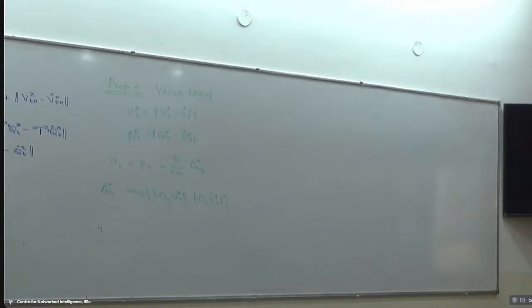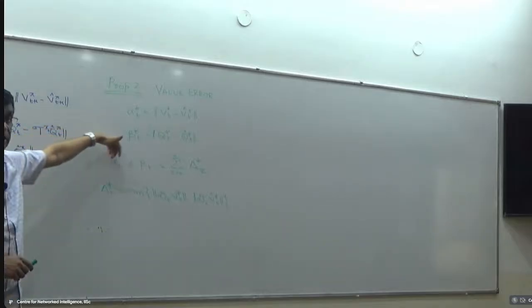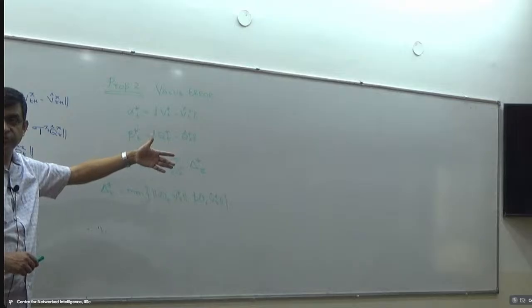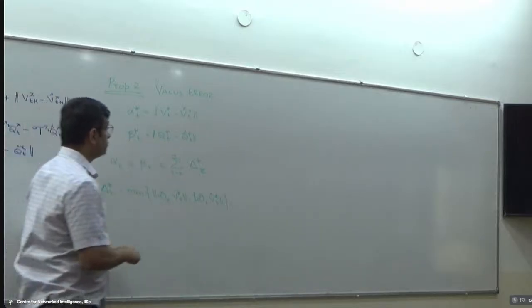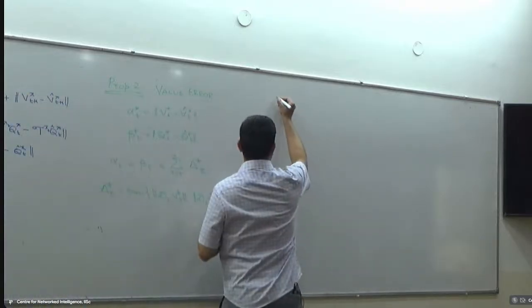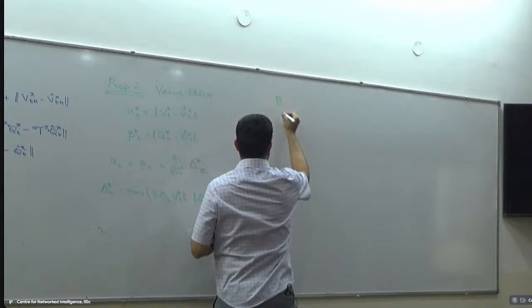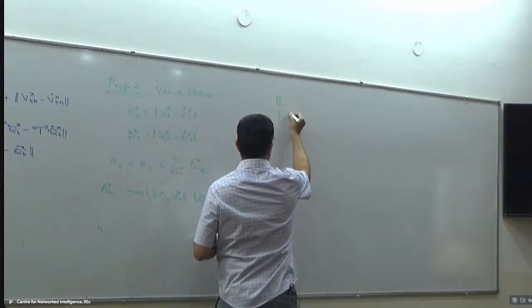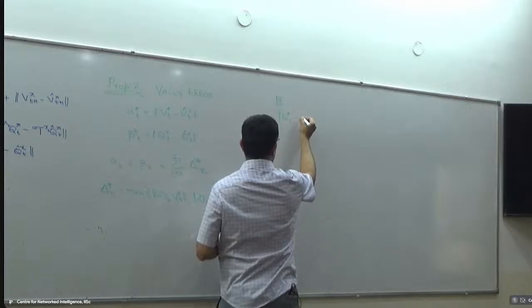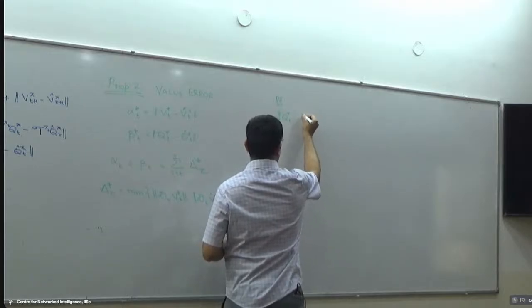I start with t equal to 1, the result is trivially true, that sets the basis of induction. My induction step is going to be exactly same as before. I'm going to look at q star t minus q hat star t.